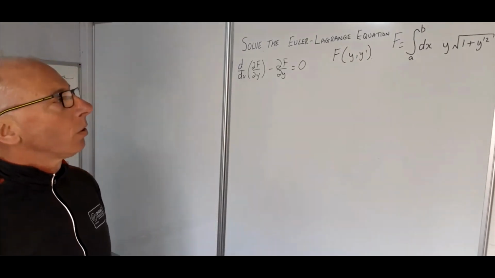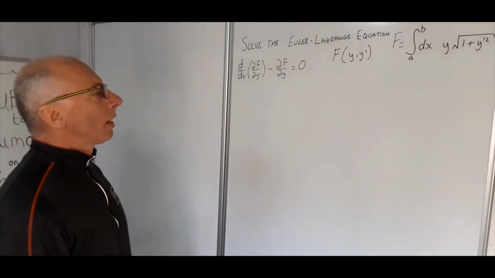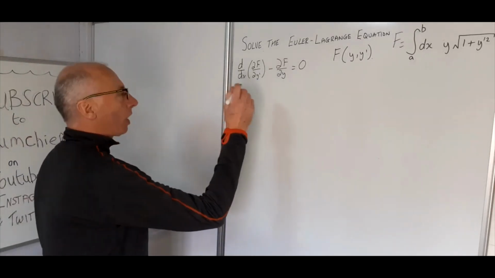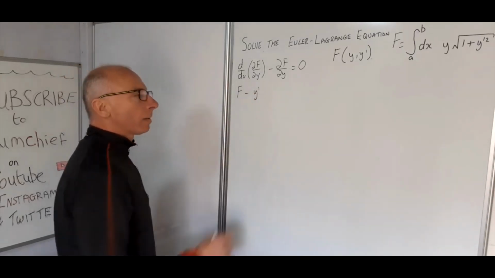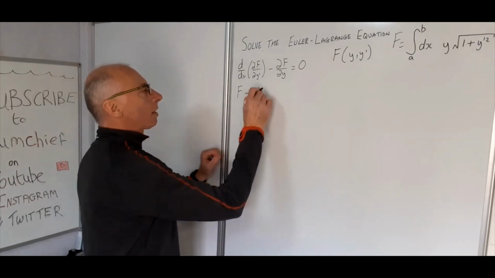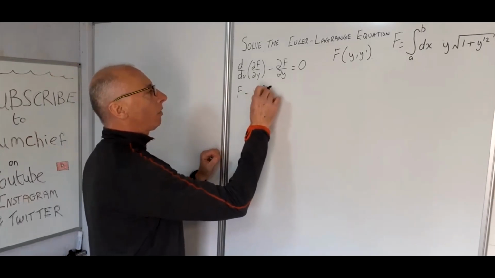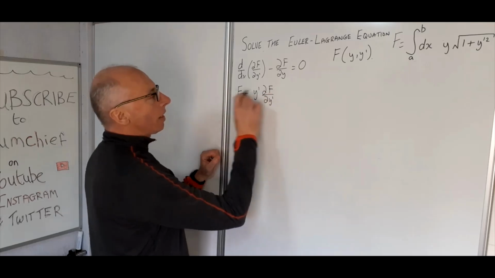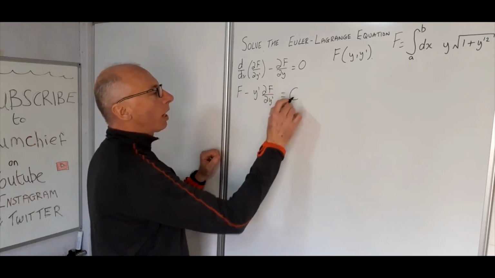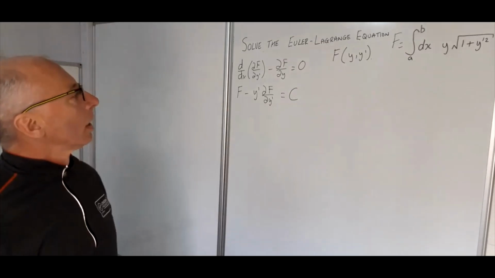So we can use something called the first integral. Now the first integral, we can write as f minus y prime multiplied by the partial of f with regards to y prime, and this will be equal to a constant, any constant.